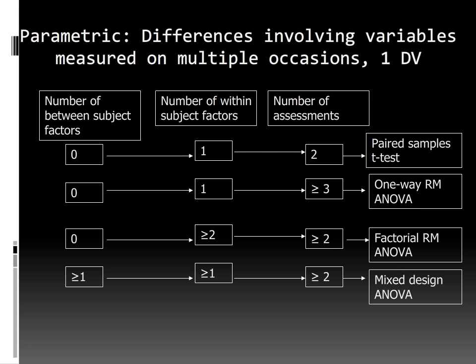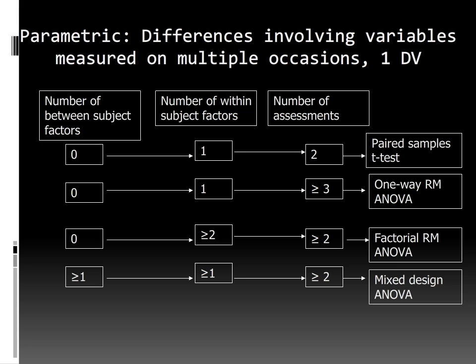Unlike repeated measures ANOVA, a mixed design ANOVA has a between subject factor that divides the sample into distinct subgroups. Similar to a repeated measures ANOVA, a mixed design ANOVA has a within subject factor that distinguishes measurements made on the same subject, and there is only 1 dependent variable.